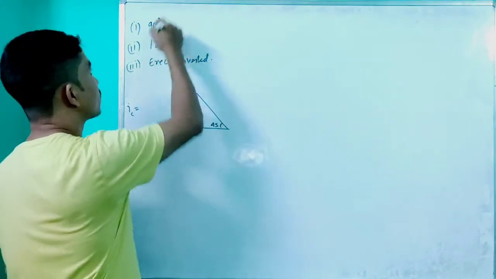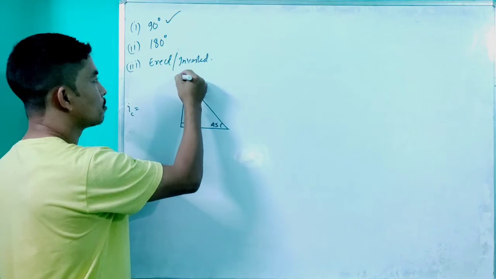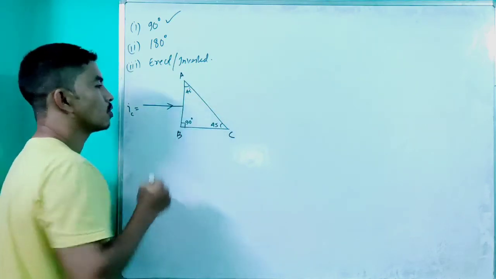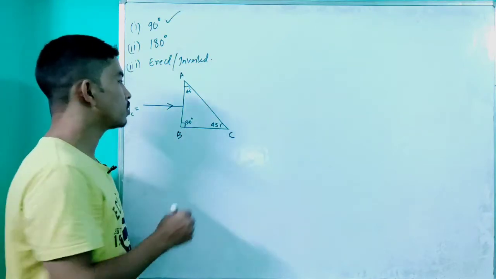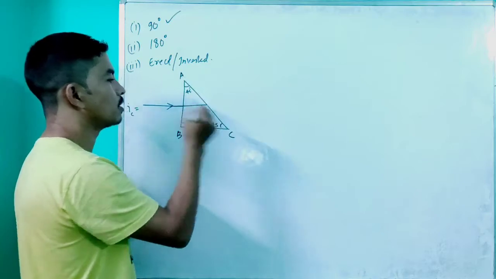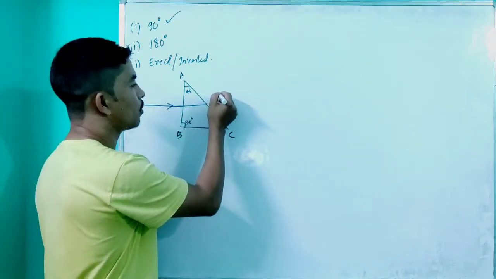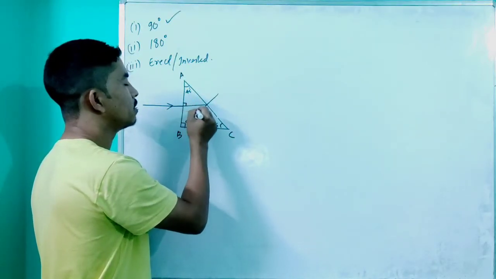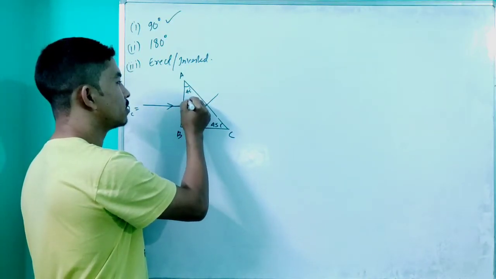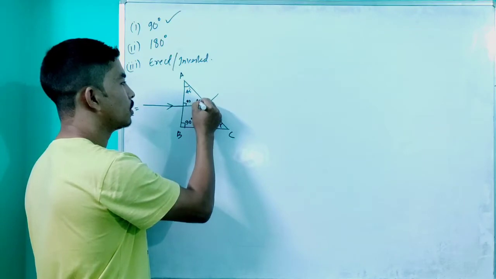Now to deviate a ray of light by 90 degrees, I make the ray of light incident on the face AB normally. When it is incident normally, the ray of light does not bend. So it goes and strikes the surface AC. There I draw one normal. So what will be the angle of incidence here? If this is 90, this is 45, this also will be 45.